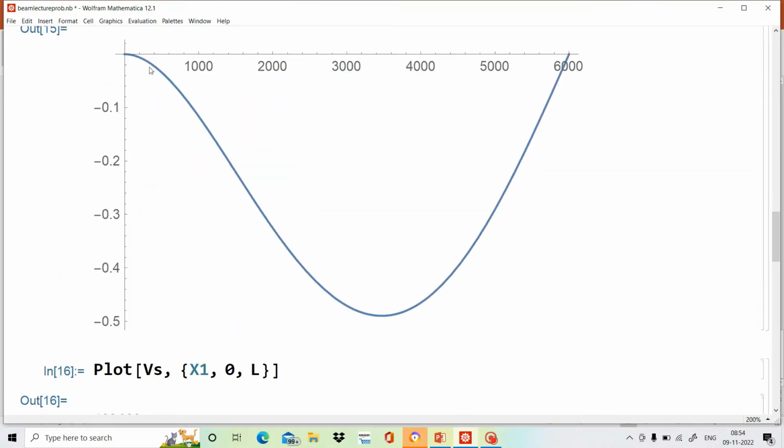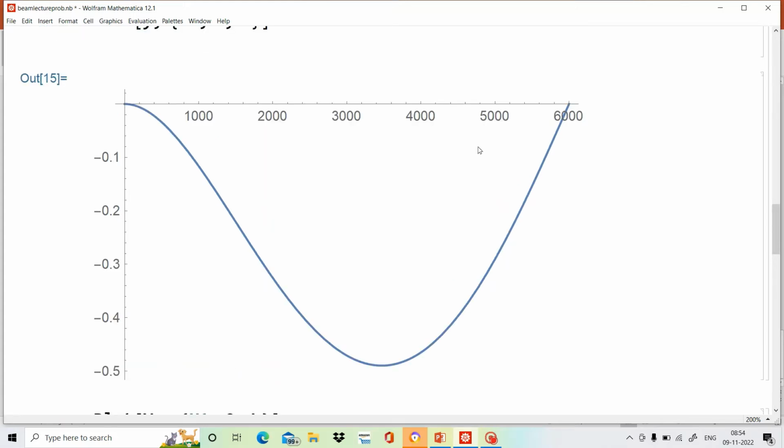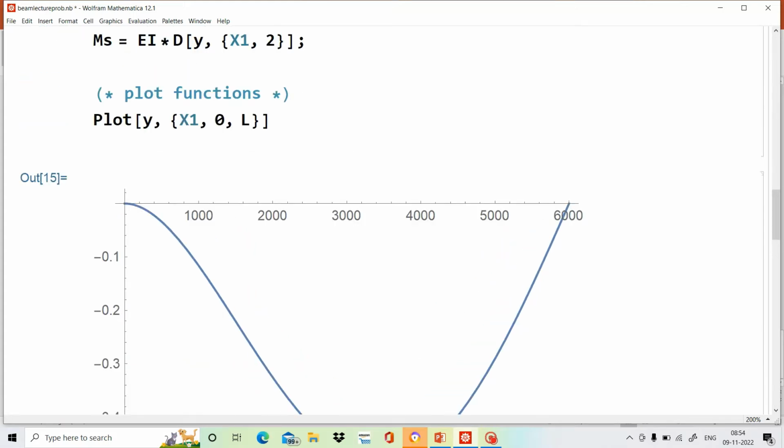Now we will see that at this end the slope and deflection both are 0 because it is a fixed end, and here it is a hinged end, so only deflection would be 0. And the bending moment would be 0 there. When we see the bending moment diagram, at this end the bending moment would be 0.